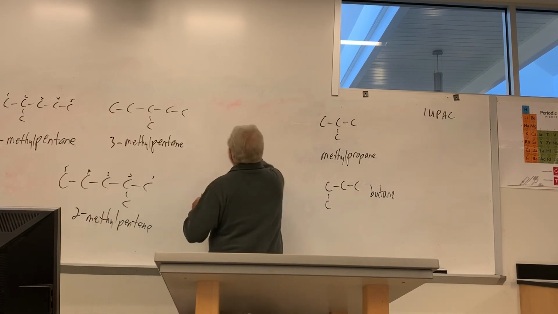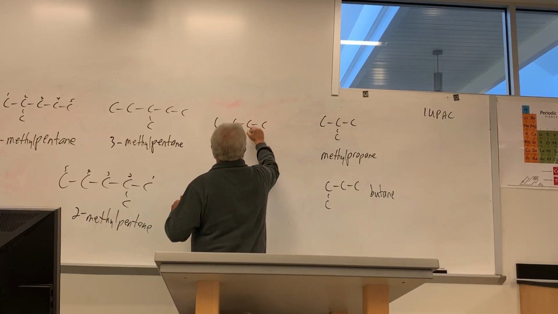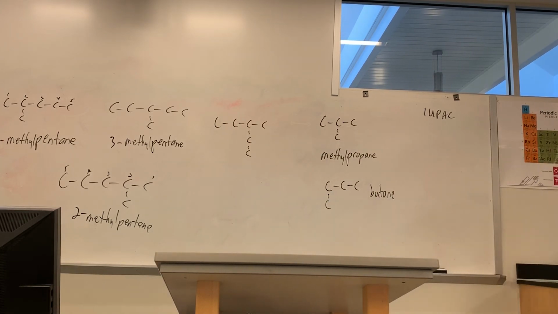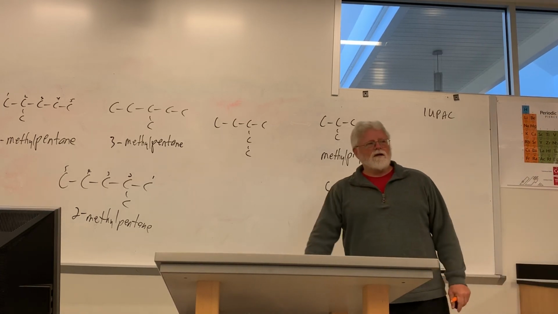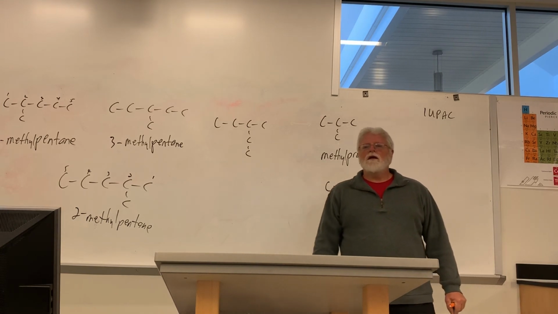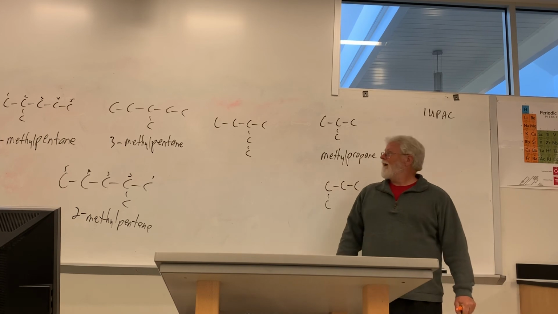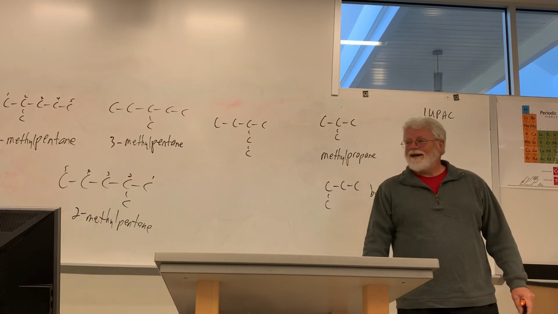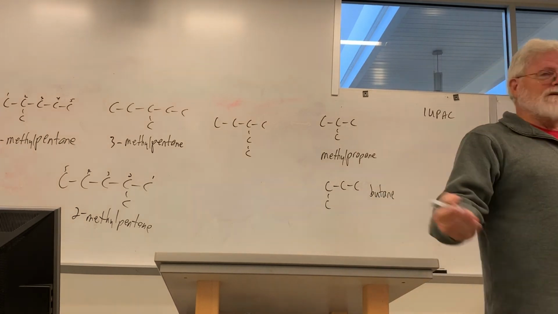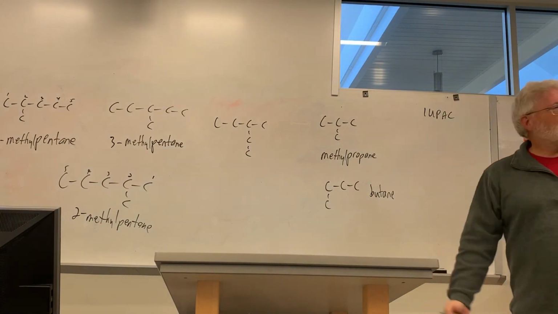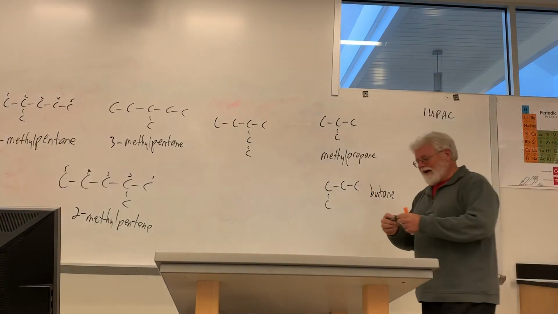So who is this? What's my parent compound here? Butane, 2-methylbutane. Incorrect. 3-propylbutane. No. What's my longest continuous chain? 3. Incorrect. 5.